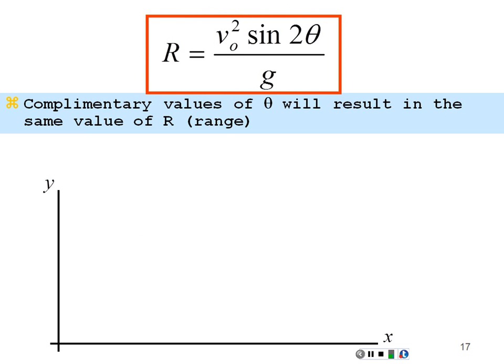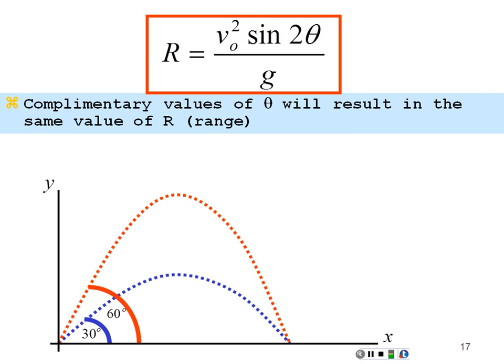Let's take a look at this. This is our range, v naught squared sine 2 theta over g. Because of the form of this equation, complementary angles of the angle theta will result in the same range. So if I were to shoot at 30 degrees, that will have the same range, shooting with the same initial speed, as a projectile with an angle of 60 degrees.